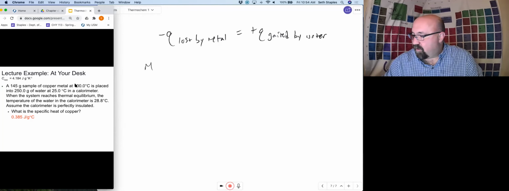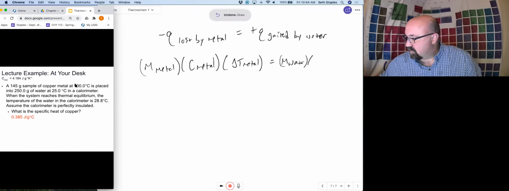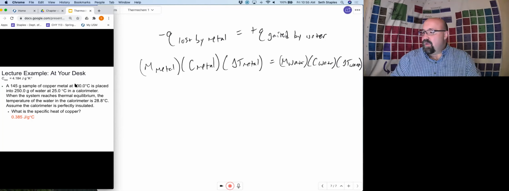And so we have our mass of the metal, our C of the metal, our delta T of the metal equals our mass of water, C of water, delta T of water. Sorry, running out of space. And so I usually actually manipulate my equation right here before I put my numbers in.